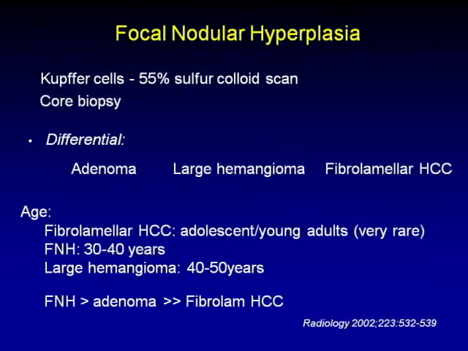Again, the fibrolamellar HCC doesn't have to have any underlying liver disease. It could just be picked up as a solitary tumor, but it tends to be in a much younger population, young adults, adolescents, and they tend to be ugly-looking tumors with heterogeneous enhancement, whereas an FNH should have a nice homogeneous enhancement.